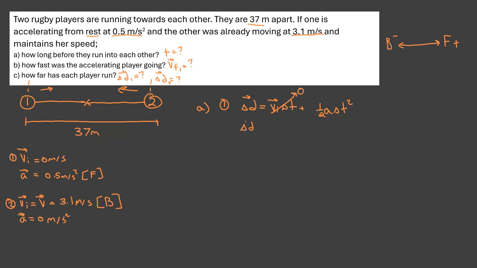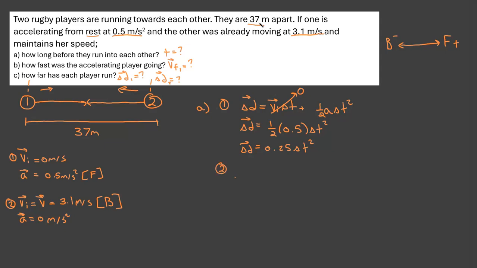So I'll be left with my displacement equals 1/2 times 0.5, which is my acceleration, and it'll be positive 0.5 because I've classified that forwards as my positive direction. And then that'll be times my time squared. And then finally, I'll get a displacement of 0.25 times our time squared.